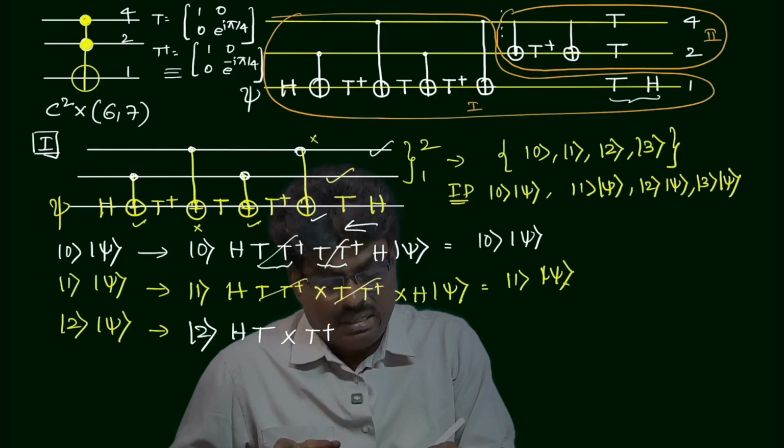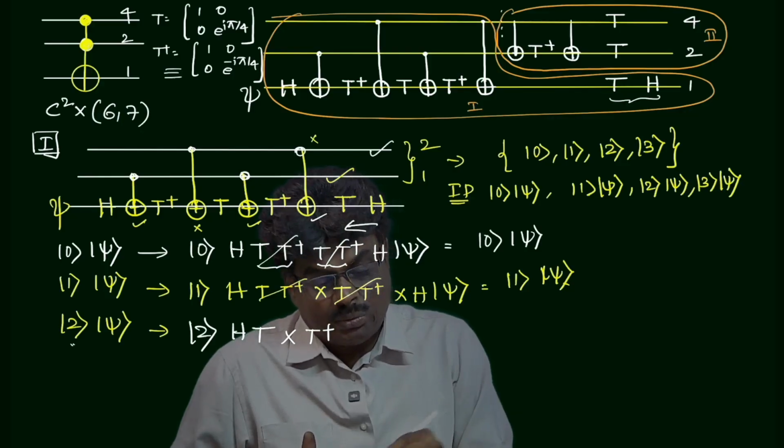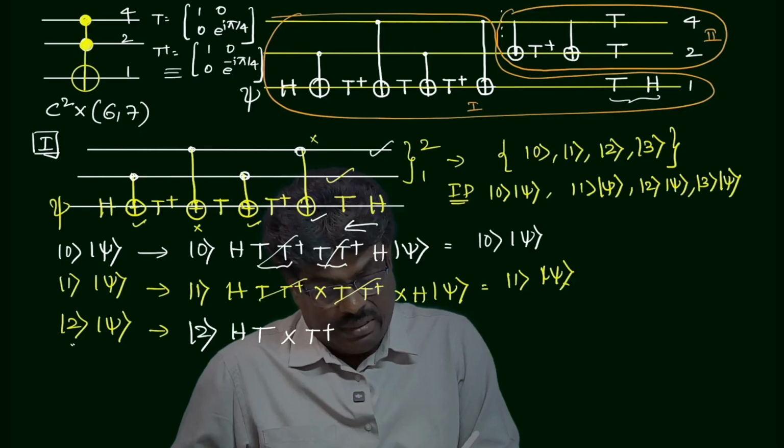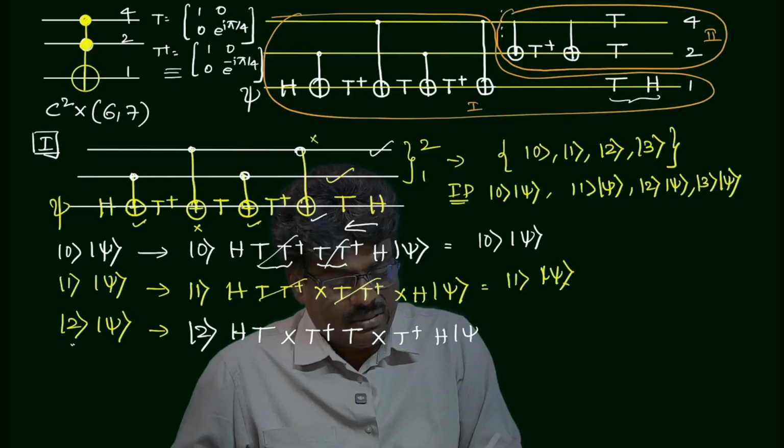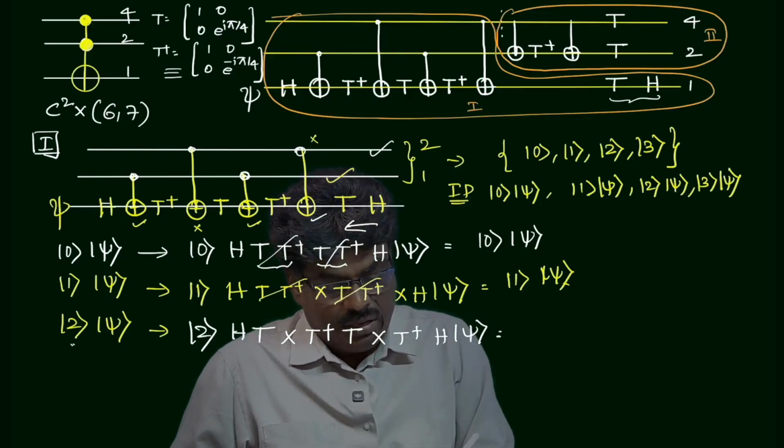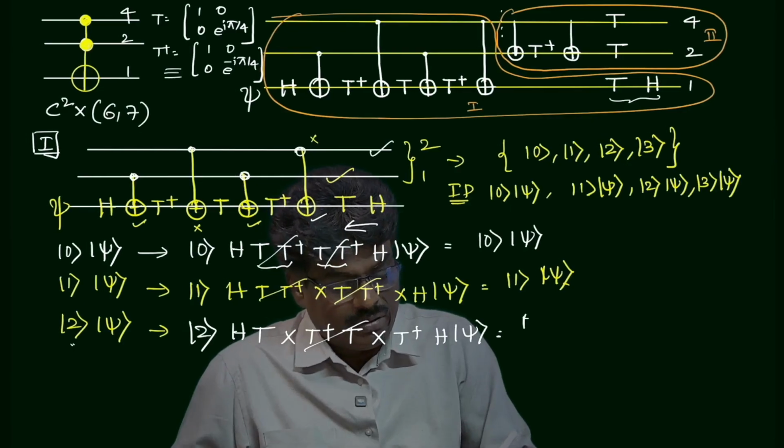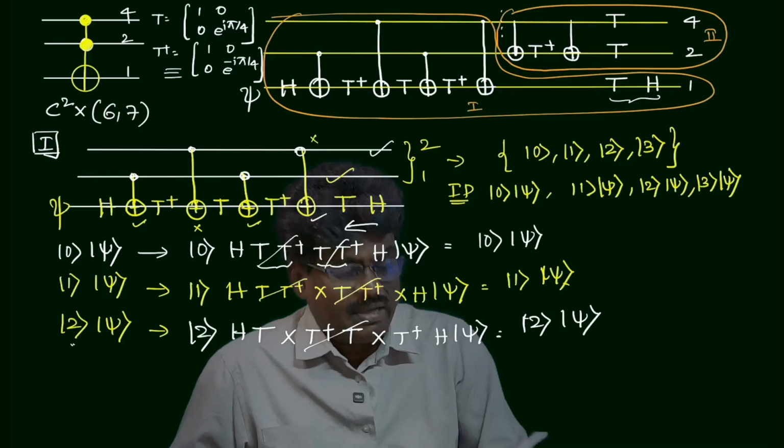The reason is here it is 2, 2 on, 1 off. Next again T, next X on, next T dagger, and X off, and H psi. So here also T T dagger I, X X dagger, everything gone. That's why 2 psi.